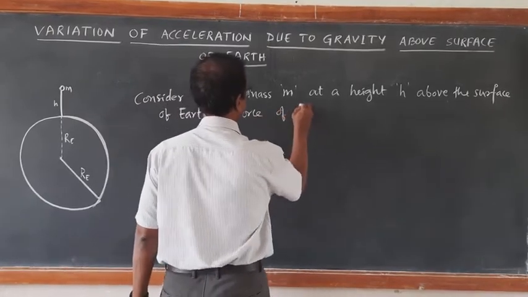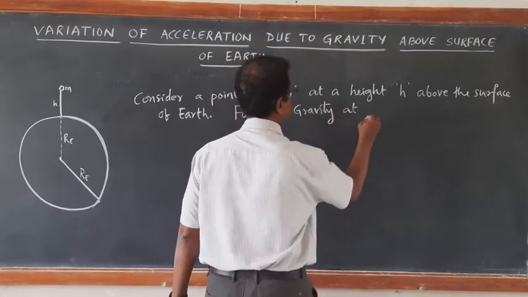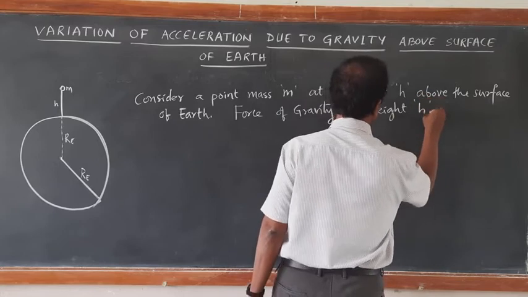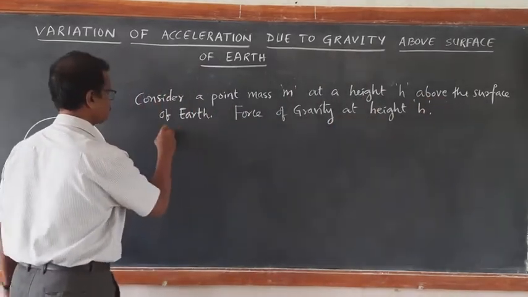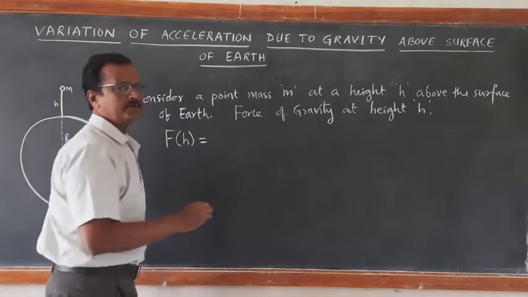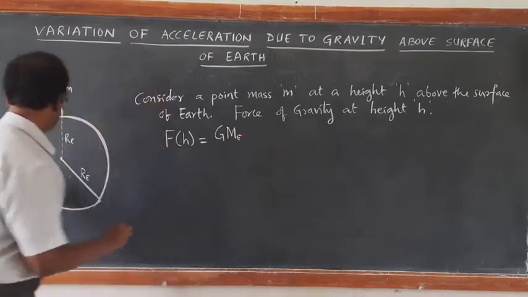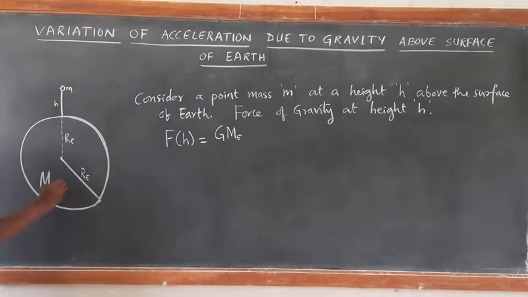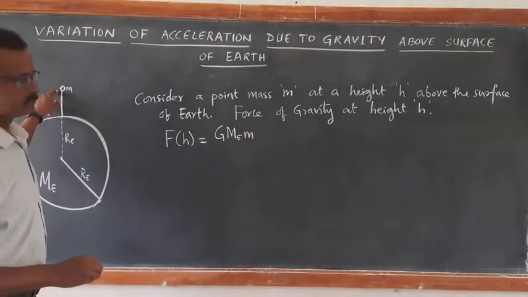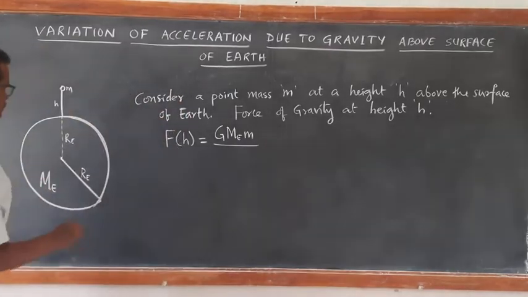Force of gravitation at height h, Fh, becomes the usual equation, Newton's law of gravitation, G into Me, where Me is the mass of the earth, into m, the mass of the point body, divided by the distance from the center of the earth.